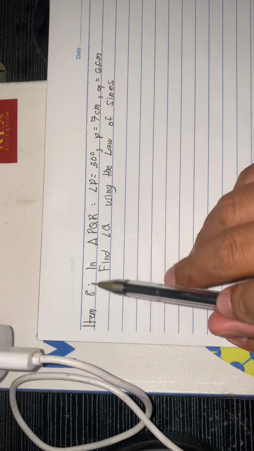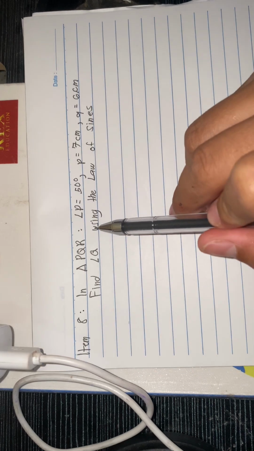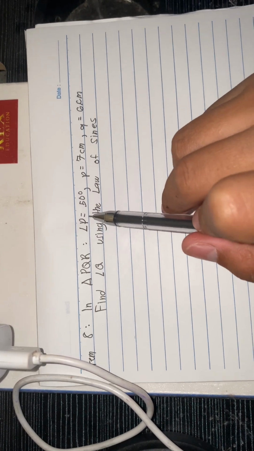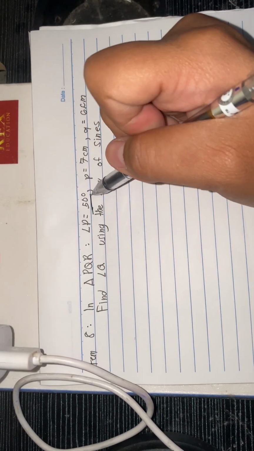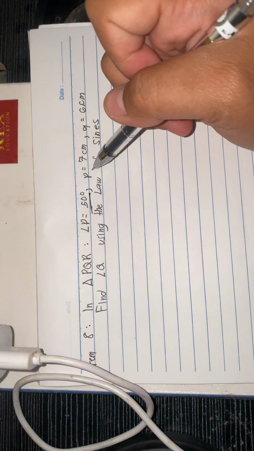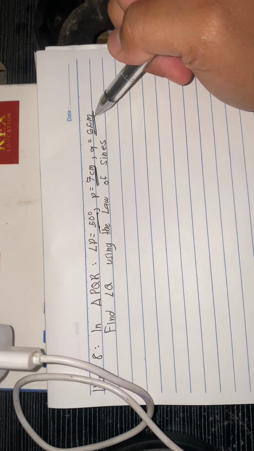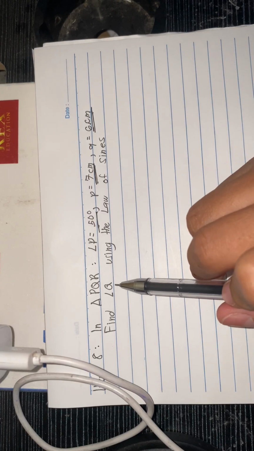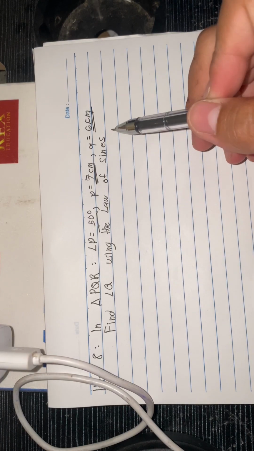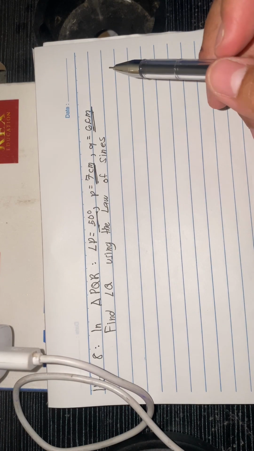Item 8. In triangle PQR, angle P is equal to 50 degrees and P is equal to 7 centimeters, Q is equal to 6 centimeters. Find angle Q using the law of sines. Round to the nearest degree.